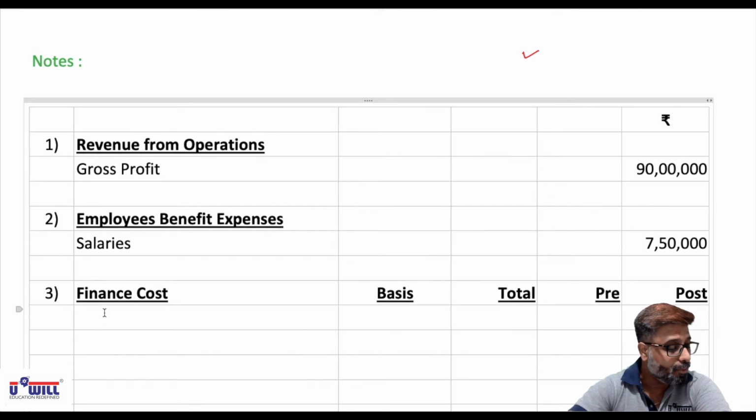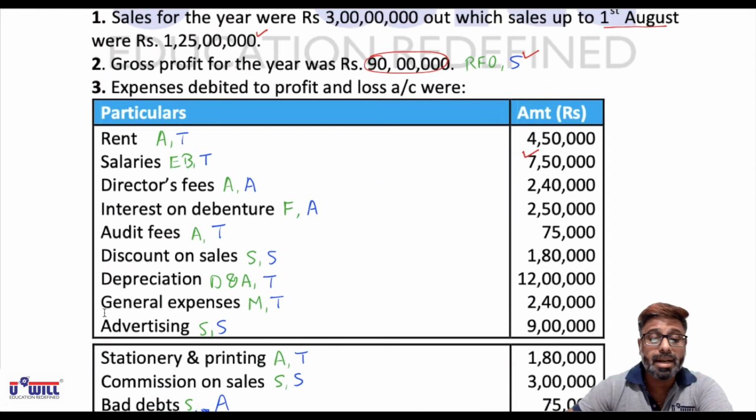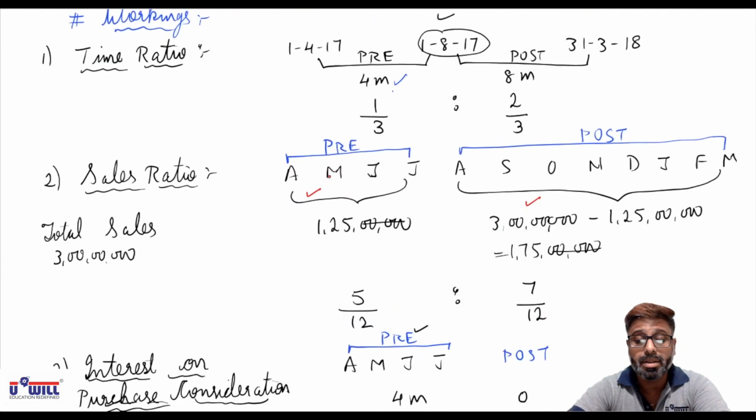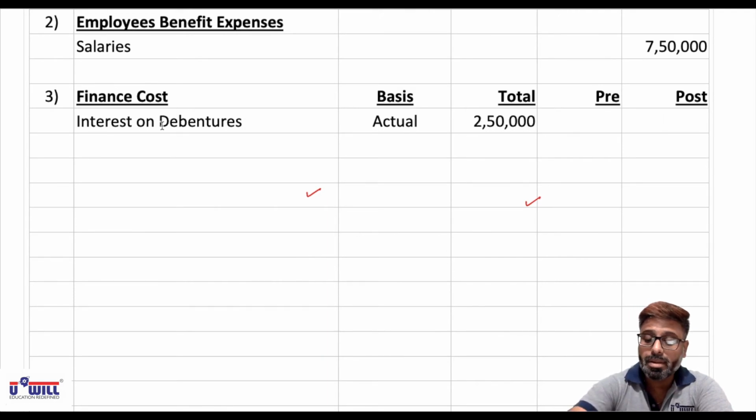In that, first finance cost item is, you all can see, interest on debentures 2,50,000, and it will go on actual basis in post incorporation period. Okay, so interest on debentures, basis actual, 2,50,000, entire amount will go in post incorporation period.